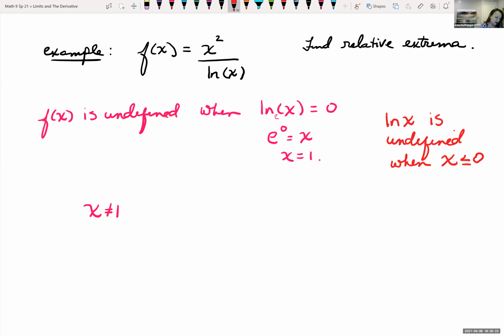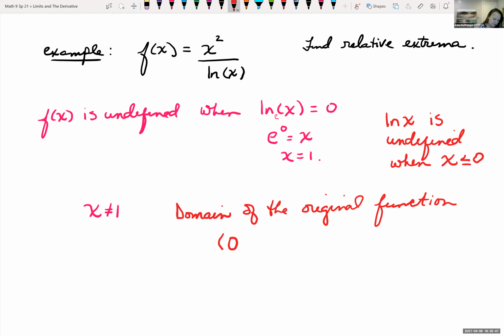So for our domain of our original function, and this is just going to help us when we go back in to plug in points. We don't want to plug in points that don't fall in our domain. So the domain of this original function is, we're looking at all values from x equals 0, not including, to 1, not including, union 1 to infinity.